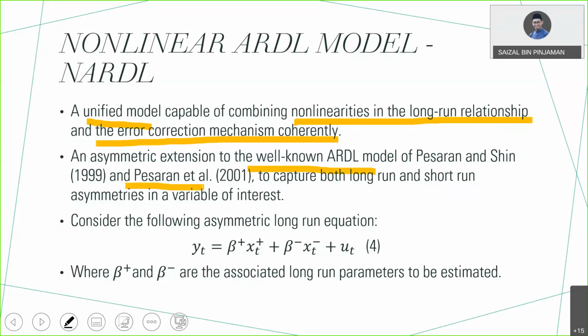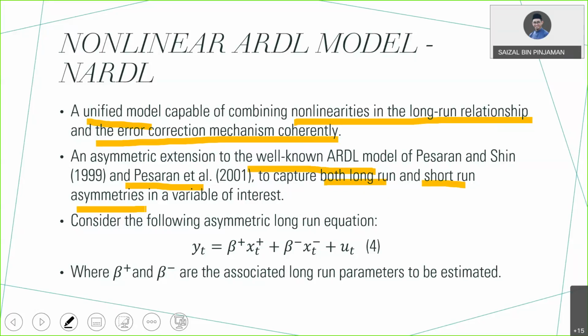So we use the NARDL to capture both the long run and short run asymmetries in the variable of interest. Just like the ARDL itself, the NARDL can be used to study the short run relationship and the long run relationship of variables that have different asymmetries.